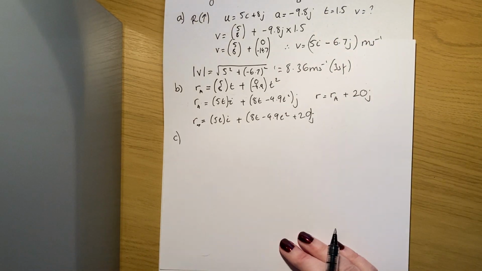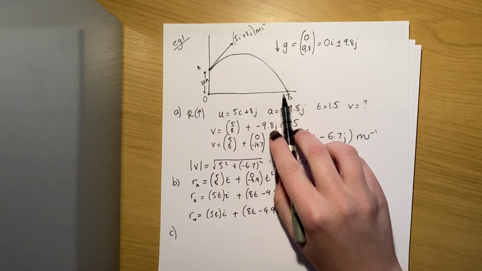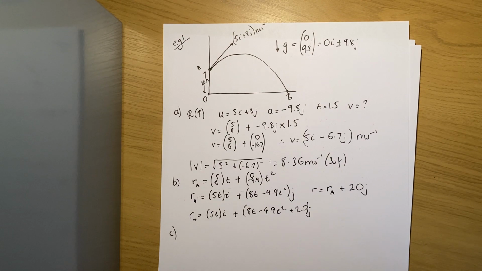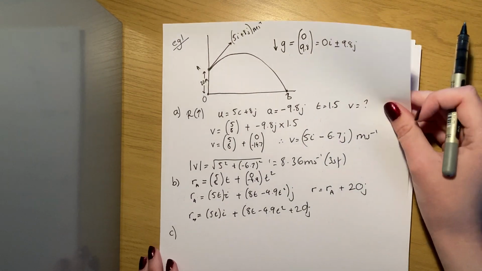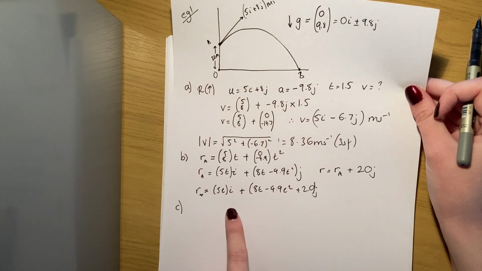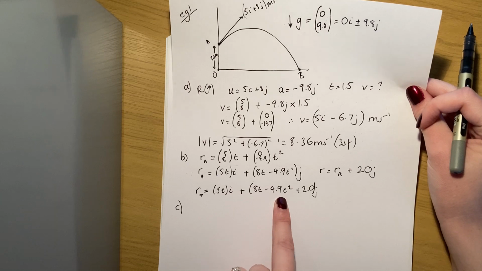Part C. Hence, determine the distance OB. If we look back at our diagram, our distance OB is our horizontal displacement. Our horizontal displacement from O would mean that the j component here is 0.